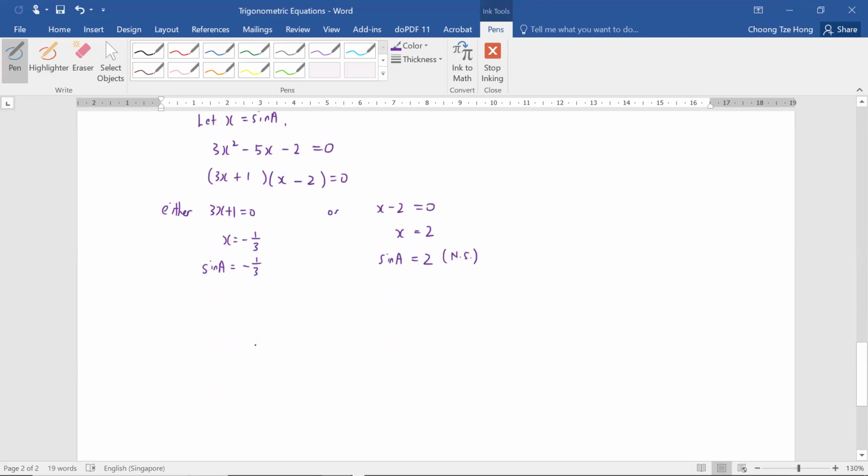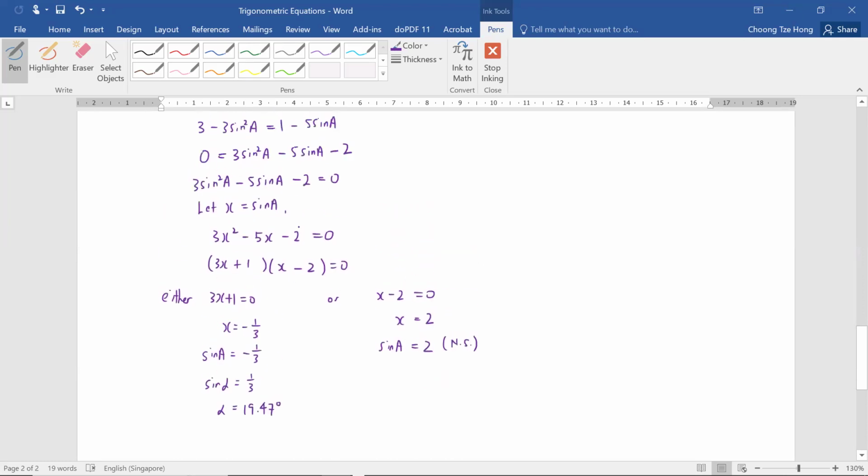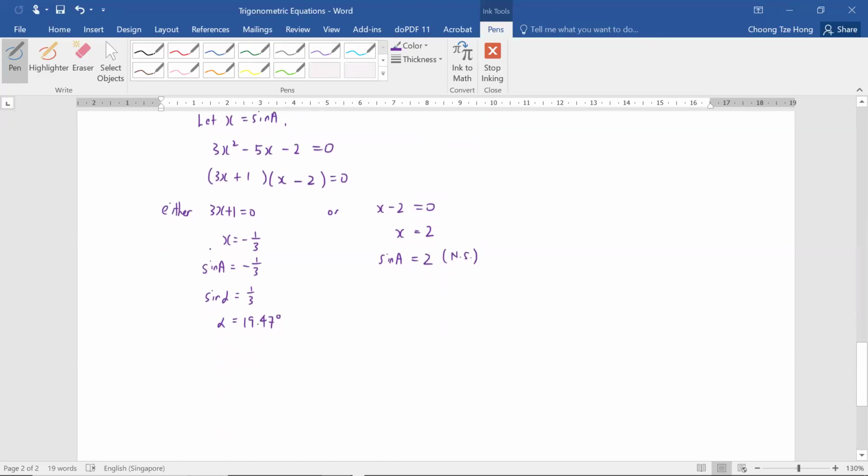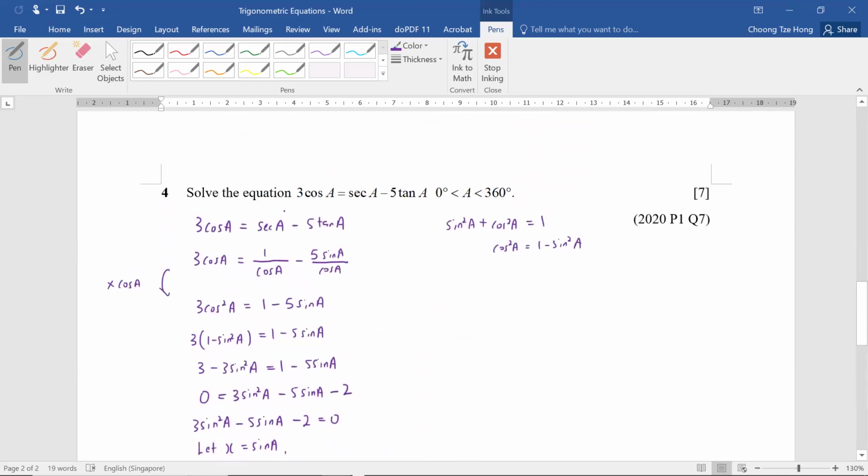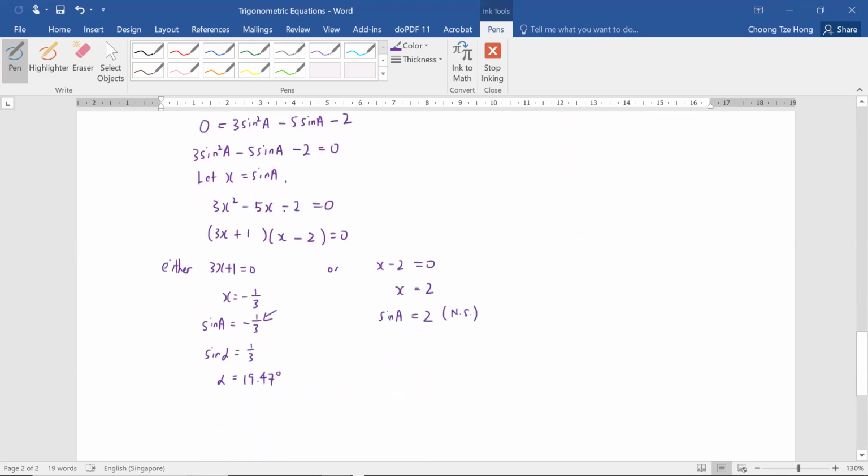Same thing, just go find the basic angle. So sine alpha is 1/3, so the basic angle will be 19.47. Then after that, sine is negative, so we will go for the third and the fourth quadrant, and the range is from 0 to 360.